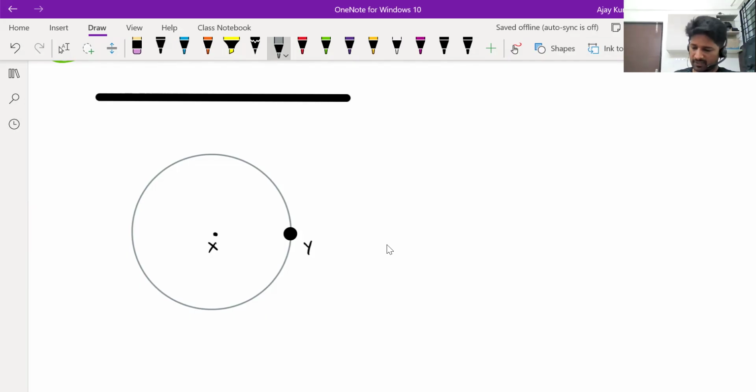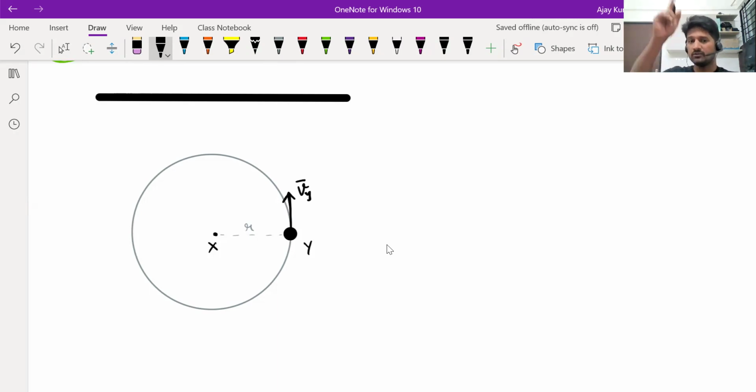The distance between X and Y is the radius of the circle. Y can move around X by maintaining the same distance R. And to do that, how should Y move? At this moment, its velocity should be directed this way, perpendicular to the line joining them. If the velocity of Y is in this direction, the distance between X and Y won't change.